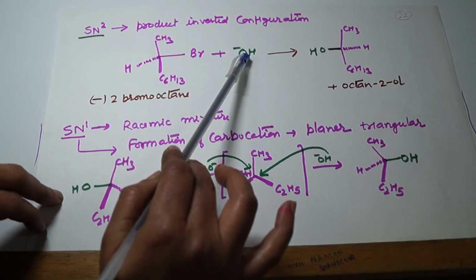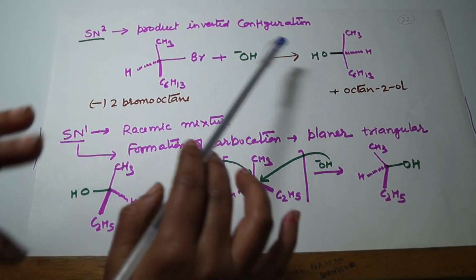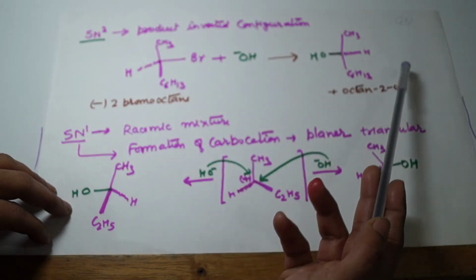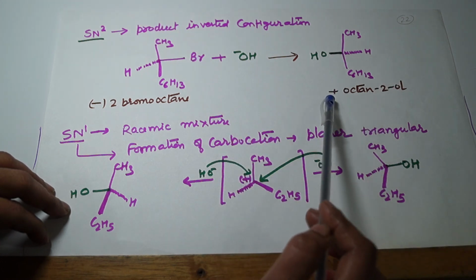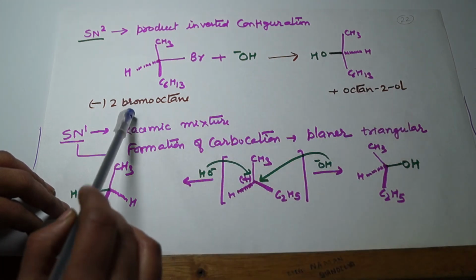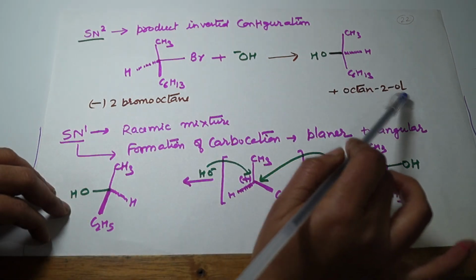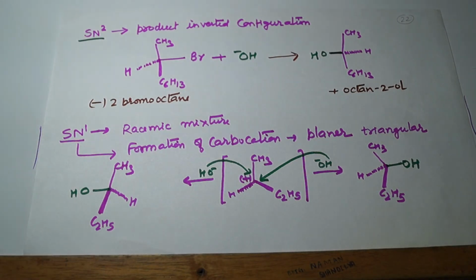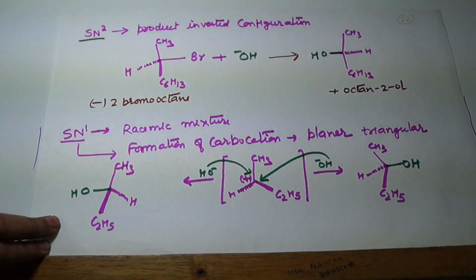Now OH is attacking. Now you can see in the product that the configuration of the reactant has been reversed, and it has now become (+)-octan-2-ol, from levorotatory to dextrorotatory. This is known as inversion. As I have told you earlier, in the SN2 reaction mechanism there will be complete inversion of the configuration.